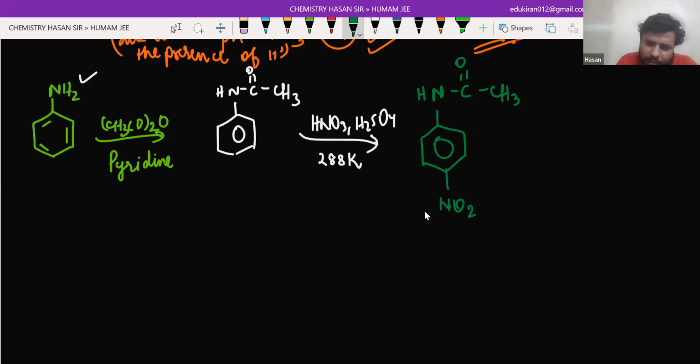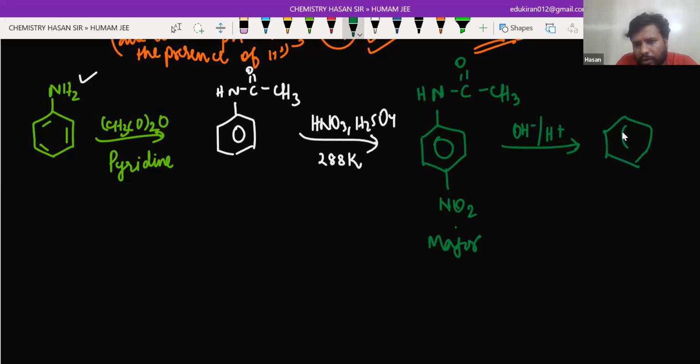Para will be the major, and since we need aniline, again you are going to dip this in acid or base, and this whole quantity will be converted into carboxylic acid, and this will be converted into 4-nitroaniline. I think it's clear, right?